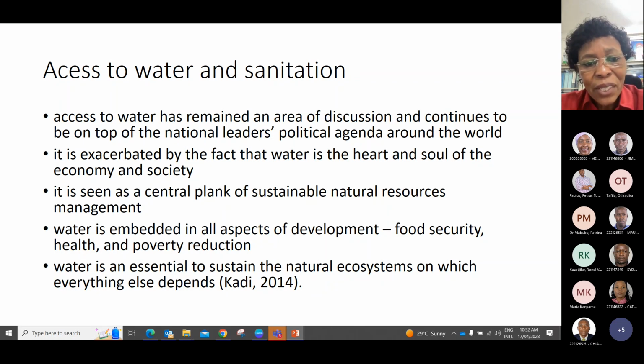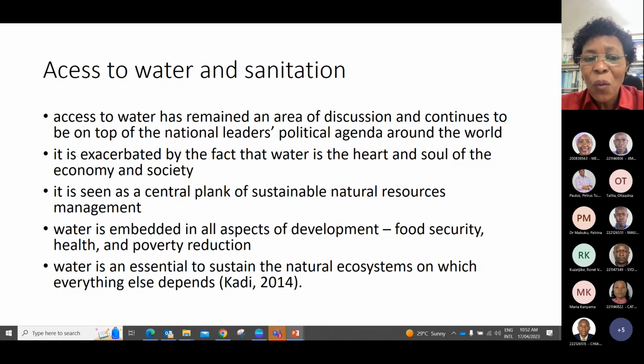And then water is also seen as a central plug to sustainable natural resources management. And we all know without water, natural resources management cannot be sustainable. But again, water is embedded in all aspects of development. There's no way we can be food secure in the absence of water.